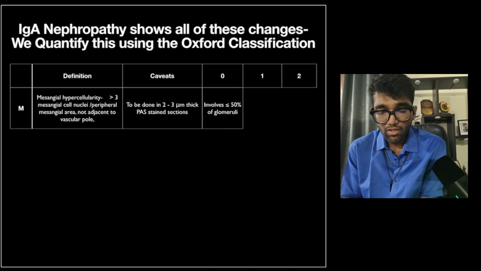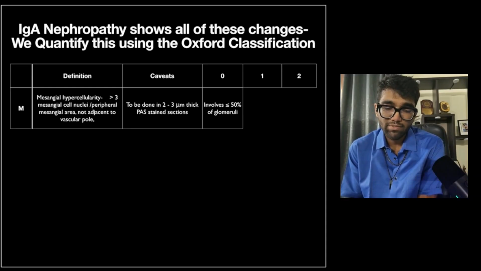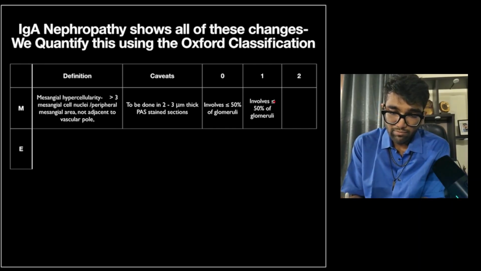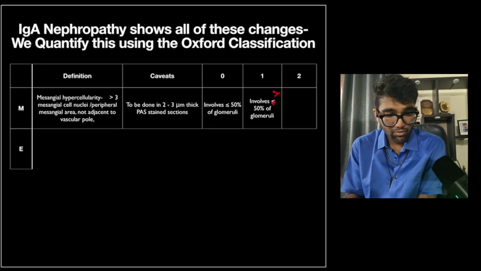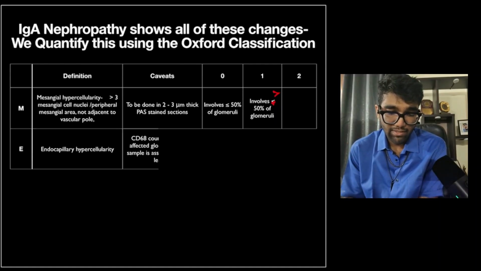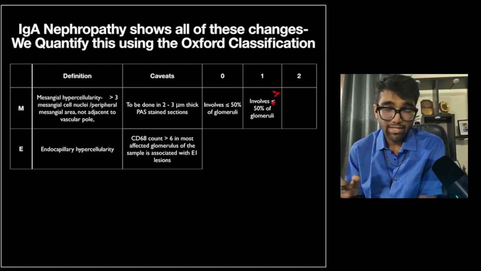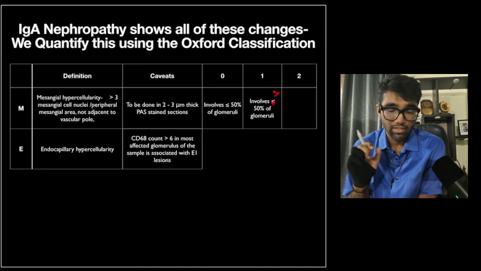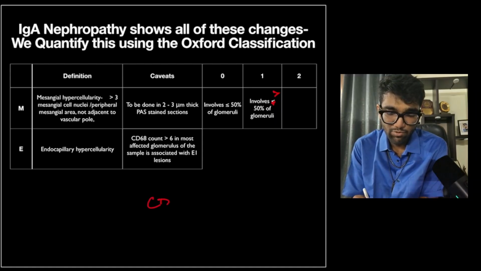Now, if less than 50% of the glomeruli are involved by this kind of mesangial hypercellularity, we give a score of 0. If more than 50% of glomeruli are affected, then we give it a score of 1. Now, the second thing is endocapillary hypercellularity, and we now know what that is, so I'm not going to go back into it. But in case of IgA nephritis, we quantify it objectively using CD68 immunohistochemistry.